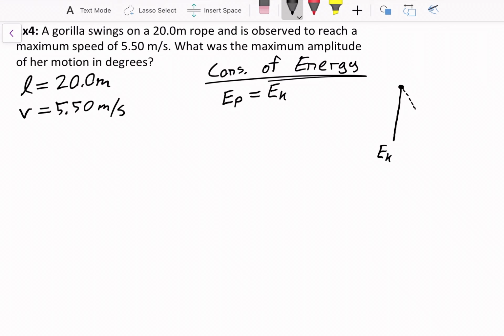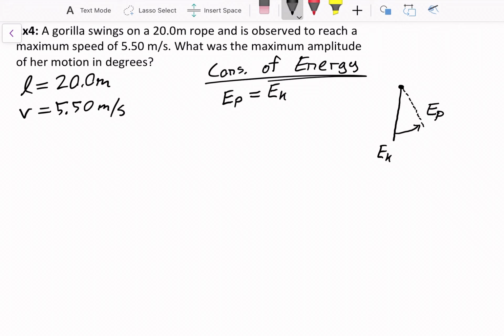When the gorilla reaches its final position, it has swung over to here. At this point, we have our potential energy instead. And we aren't going to have any kinetic energy left because the gorilla is going to stop once it reaches its maximum amplitude. So we can say that these two types of energy are going to be equal to each other.